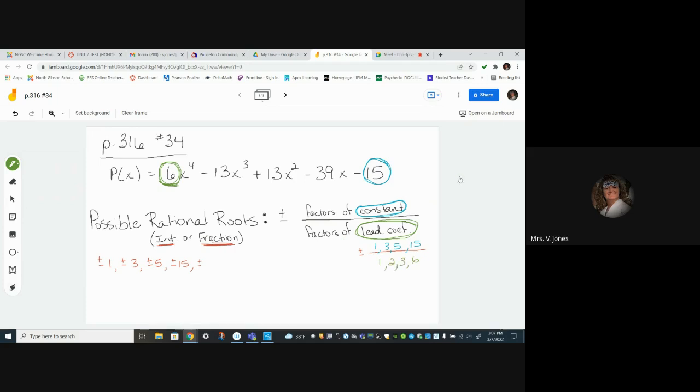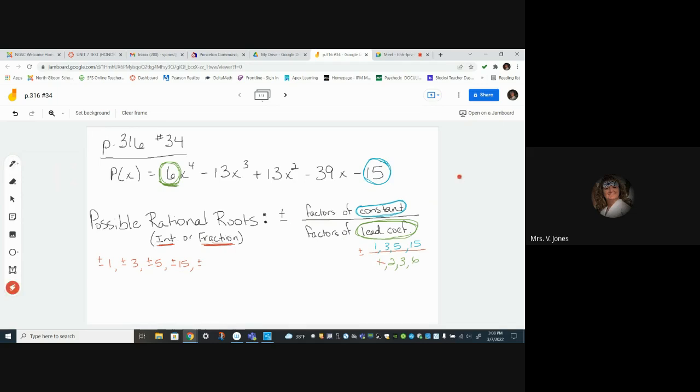And then what we're going to do is to write all those out, we're going to make fractions. So we're going to put like 1 over 1, 3 over 1, 5 over 1, and 15 over 1. That's where I got these. They're all positive, negative. Then we're going to move over to the 2. So once you've already put everything over 1, then you move over to the 2, and you can write those.